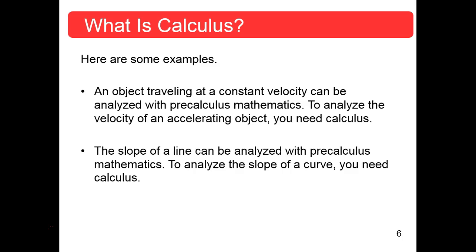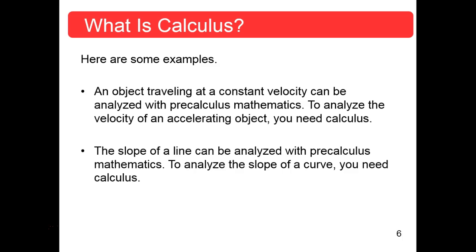Here's some examples. An object traveling at a constant velocity can be analyzed with pre-calculus mathematics. Yeah, if you have constant velocity, your acceleration is 0, everything works fine. To analyze the velocity of an accelerating object, whoa, the velocity is always changing. If it's accelerating, the velocity is never the same between 1 second and the next second, or 1/10 of a second and the next 10th of a second.